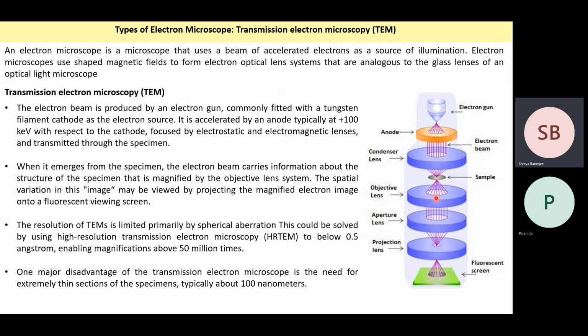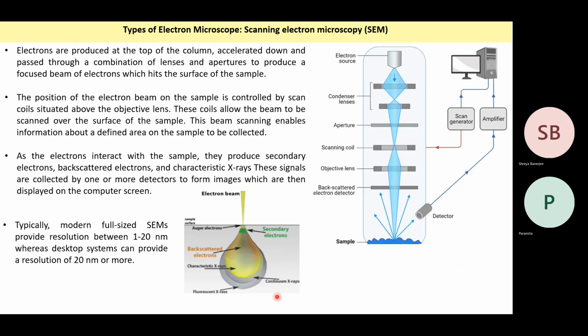But the size of the electron is much larger than that of the photon. So only if the sample is very thin will your electron rays pass through it to give the image. That is the disadvantage of transmission electron microscopy, because it is difficult to create such a thin sample, which has a thickness of around 100 nanometers.